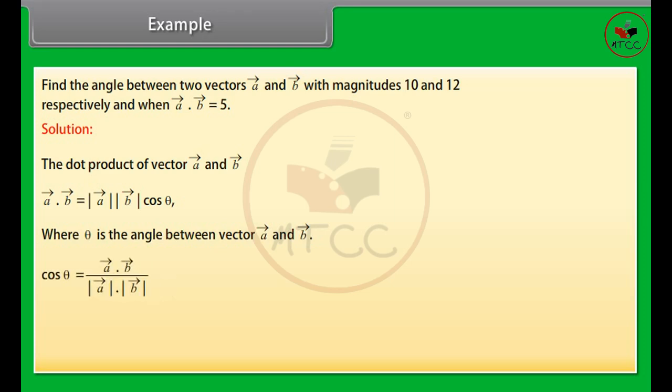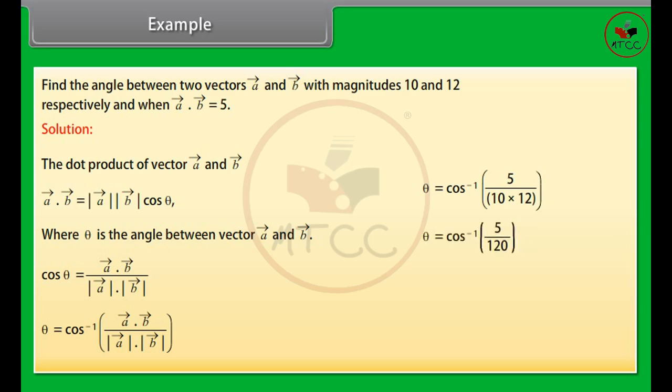Cos theta is equal to the dot product of vector A and B divided by the magnitude of vector A times the magnitude of vector B. Theta equals cos inverse of the dot product of A and B divided by the magnitude of A times the magnitude of B. Theta equals cos inverse 5 by 10 times 12.